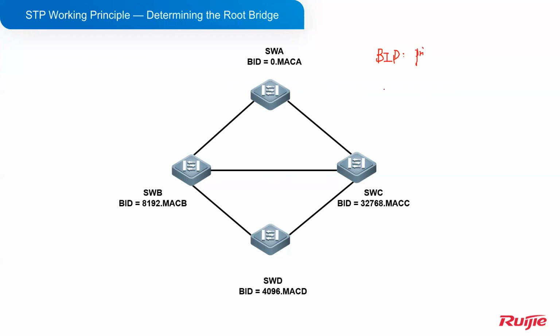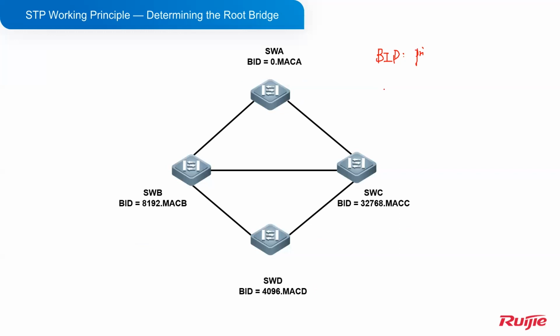In this case, we have 4 switches. SWA priority is 0. SWB priority is 8192. SWC is 32768. And the SWD priority is 4096. Which switch has the lowest priority value is obvious, right?